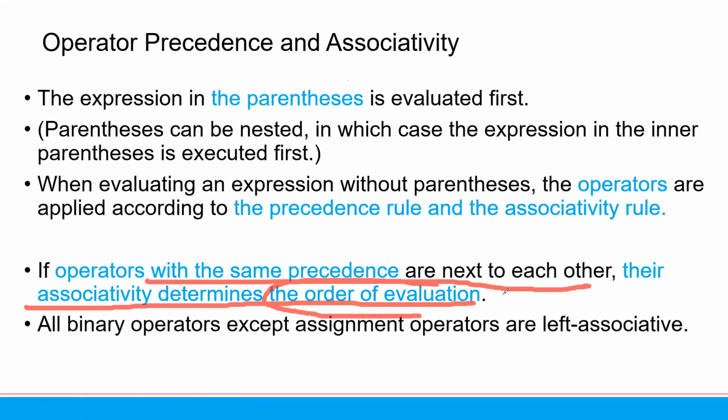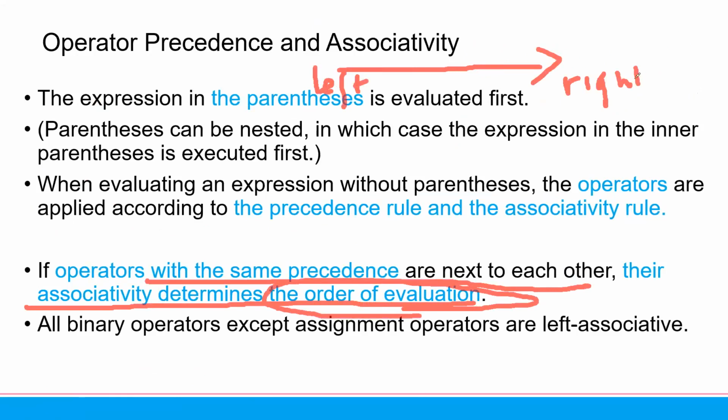So most probably, when we do with this order, it is from left to right. So the computer knows from left to the right. All binary operators except assignment operators are left associative. Left associative means it is from left to the right.